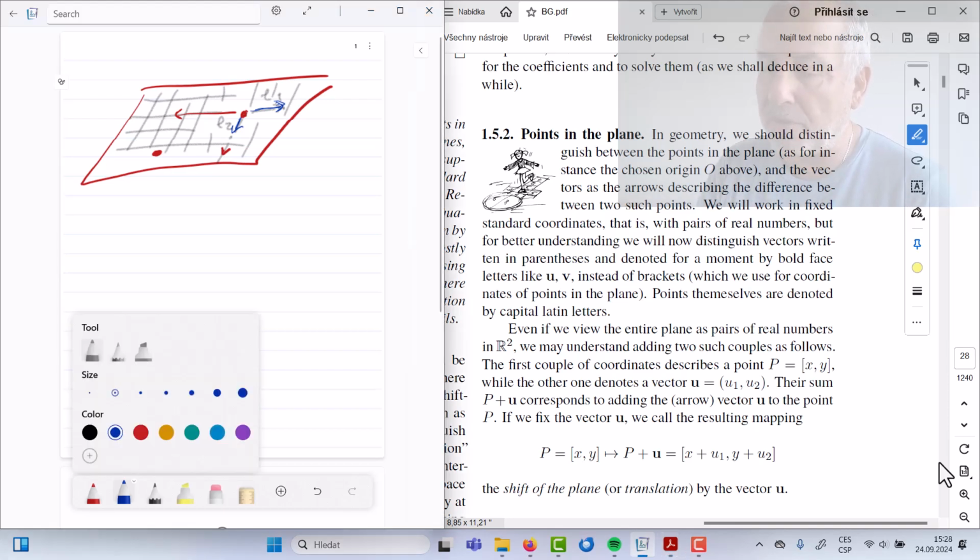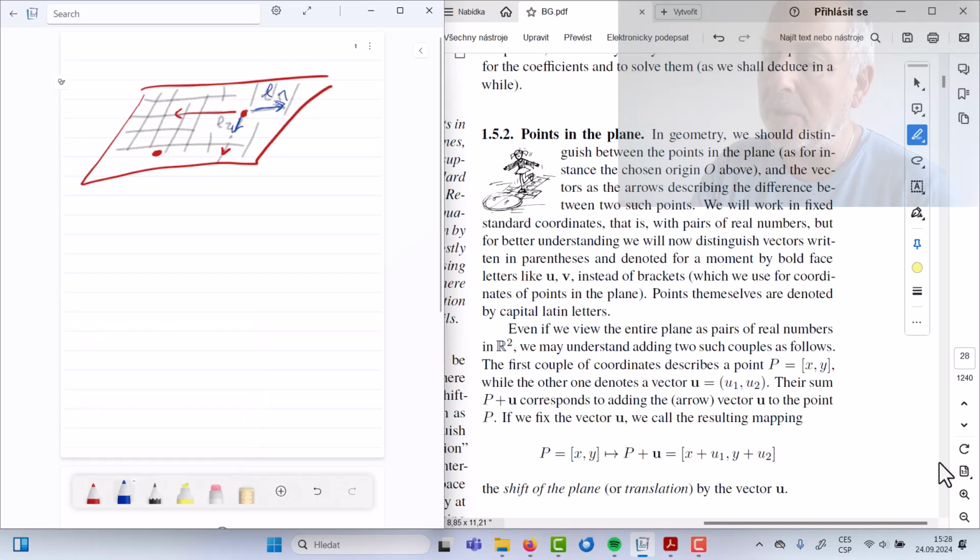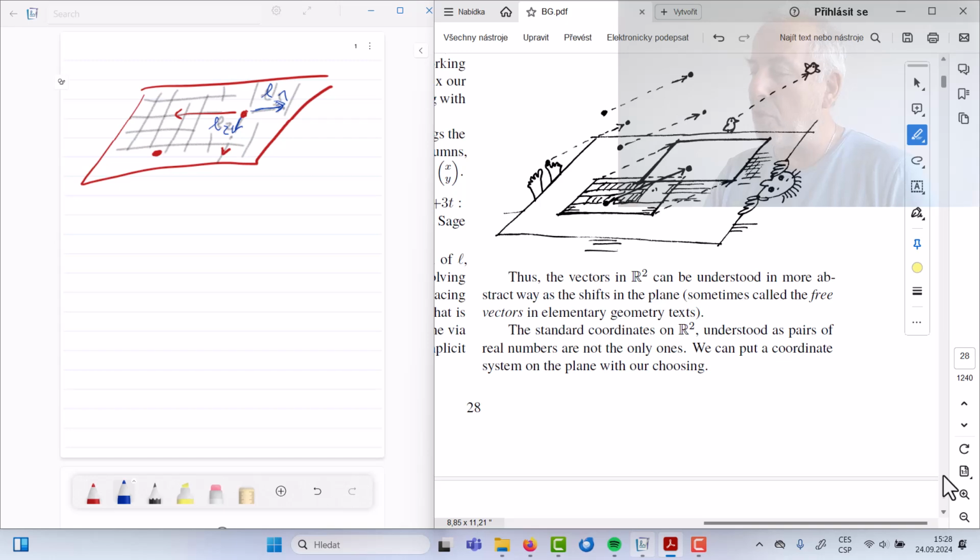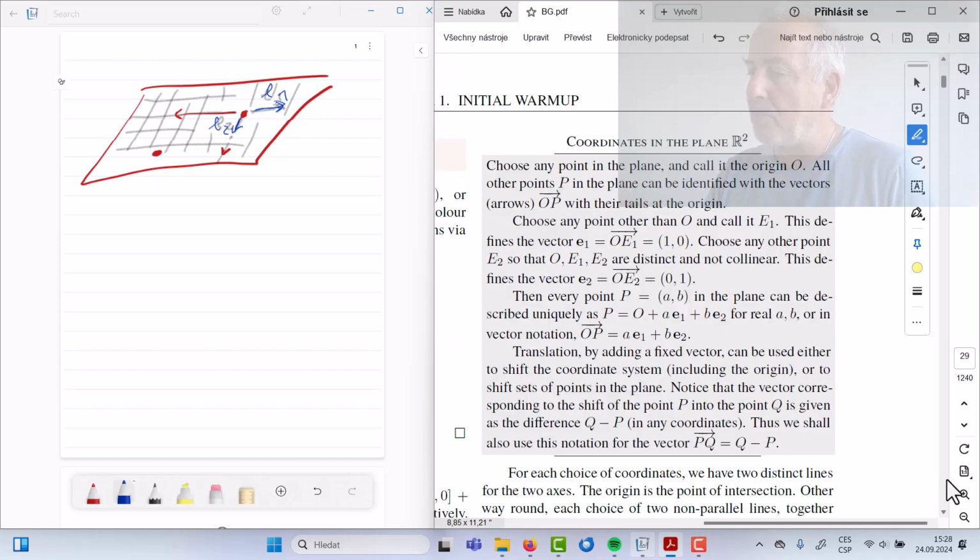So I just fix the vectors E1 and E2 here, and that changed the surface of my desk into something like a grid, and I can read off the coordinates of any point there. And that's exactly what's happening. And the adding of vectors is then nothing but adding the coordinates, right? Because from the very definition it works like that.